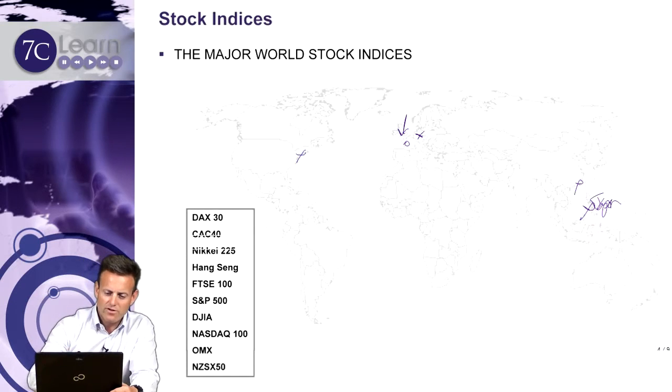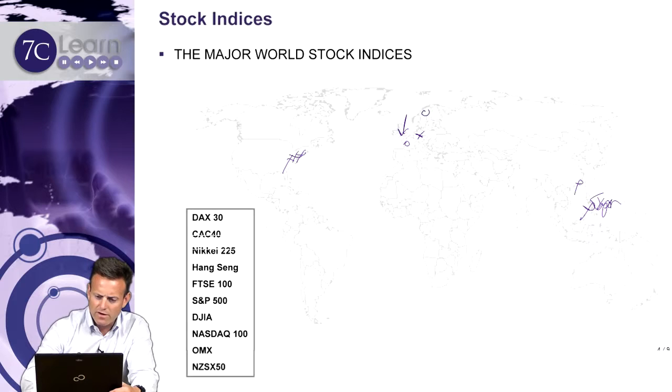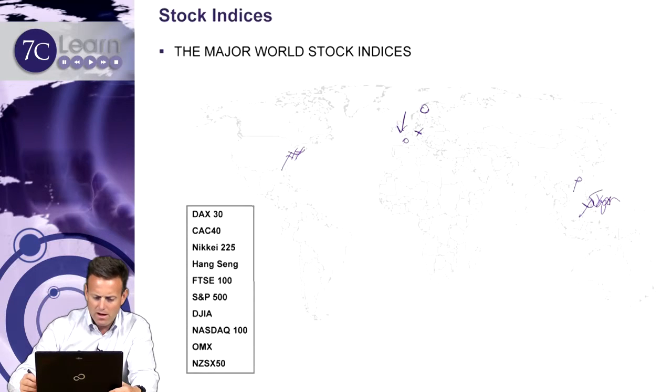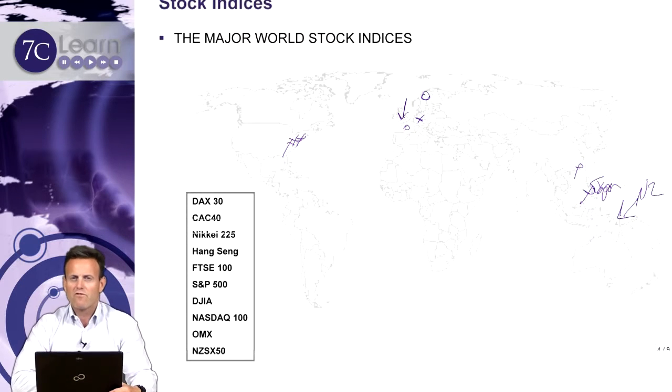Dow Jones Industrial Average, also U.S. NASDAQ 100, also U.S. So we have broad market indexes for the S&P 500, the Dow Jones Industrial Average, and the NASDAQ 100, all U.S.-based indexes, but they're all slightly different. We'll talk a little bit about some of those differences. The OMX, that's Sweden, so that's over here in Scandinavia. And the next one, we'll say that's New Zealand. Forgive my geography.